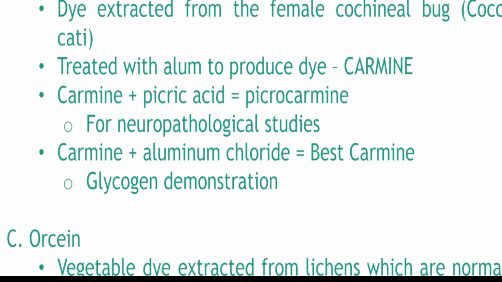Okay. We also have vegetable dyes that's also known as orcine. Orcine is a vegetable dye that is extracted from lichens, which are normally colorless and treated with ammonia and exposed to air to produce a blue color or violet color. What are lichens, class? These are the things that grow on trees.